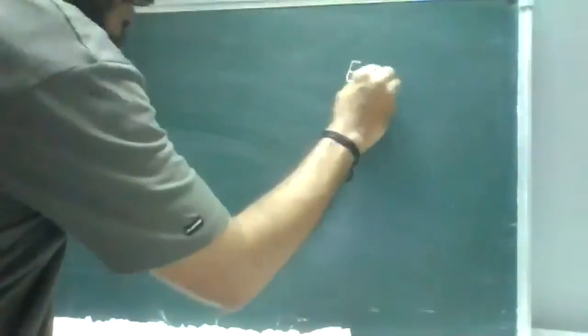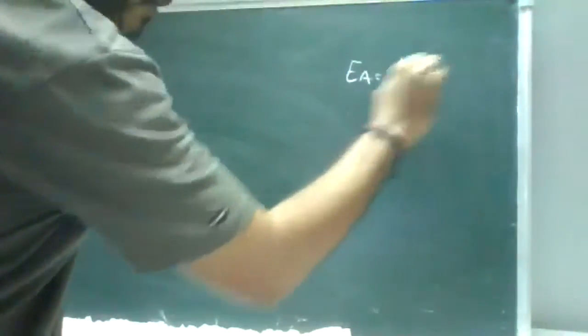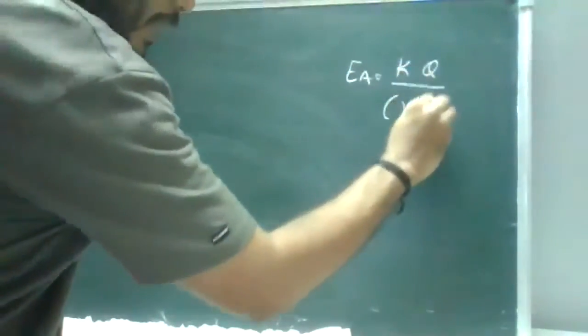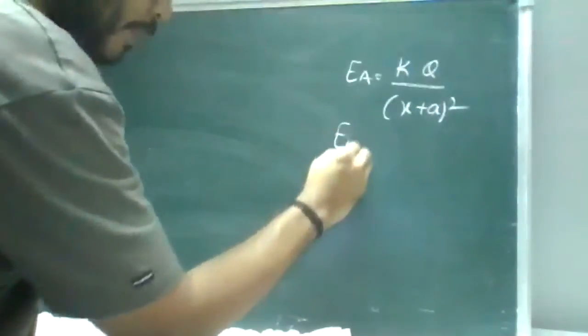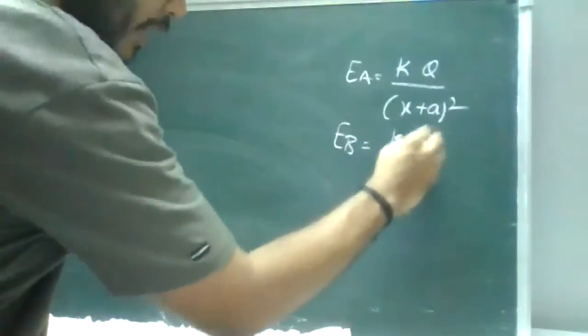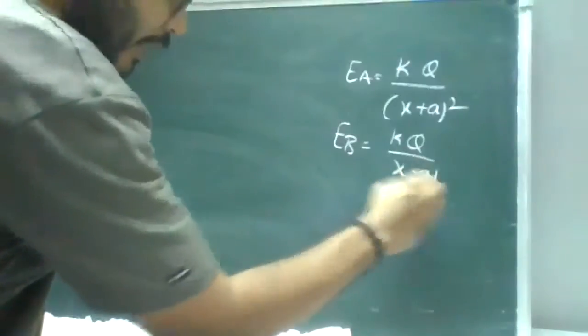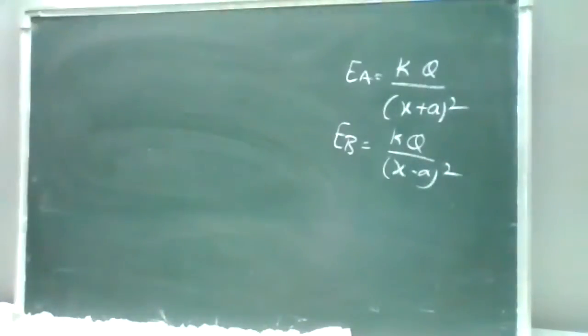Based on the earlier picture, we are going to see the derivation part now. Earlier we have seen EA is equal to kq by (x plus a) whole square and EB is equal to kq by (x minus a) whole square. These are your relations. Now we are going to find the electric field.